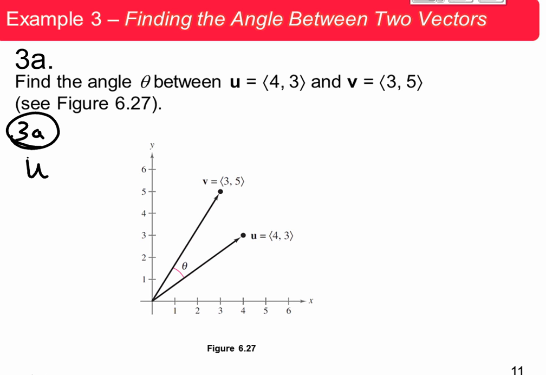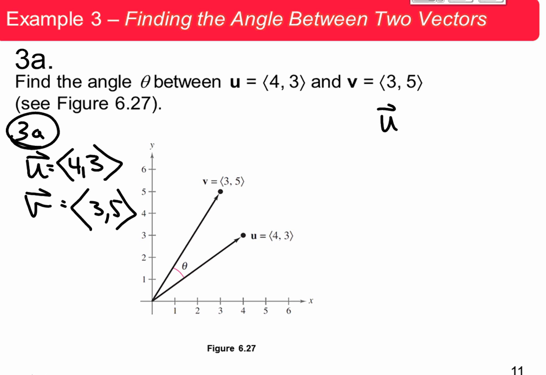If vector u in component form is 4, 3, and vector v in component form is 3, 5, the first thing I'm going to have you do is find u dot v, and then find the magnitude of u and the magnitude of v. Take a minute and just figure those out.